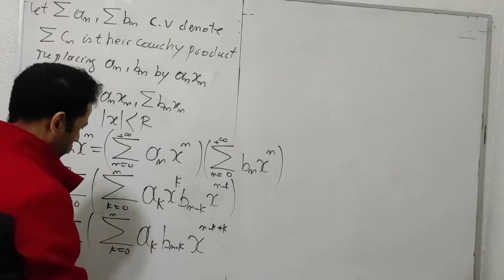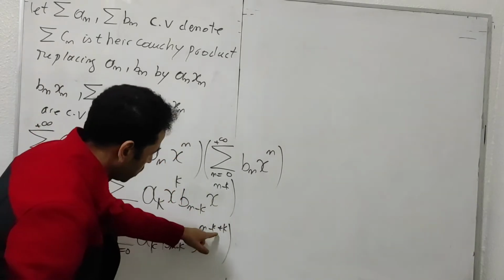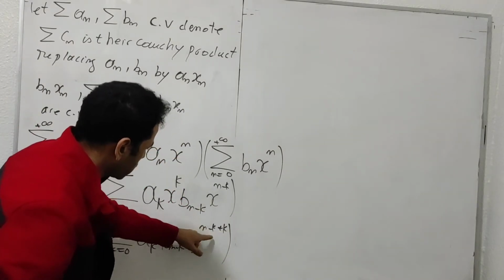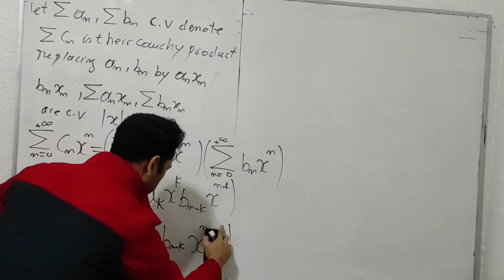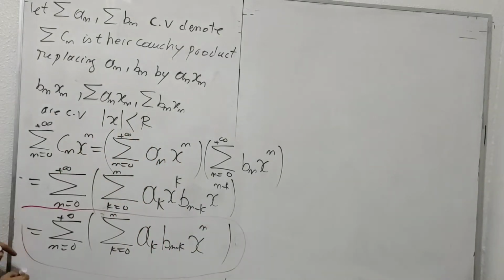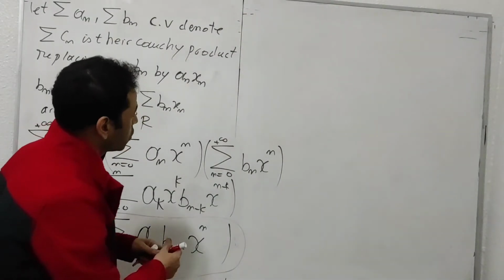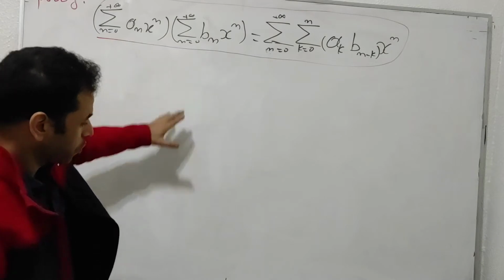Okay, k will be cancelled out because we have k minus k, and I will be left with this one. So the product of both power series is equal to this one. Now we are going to prove this one.